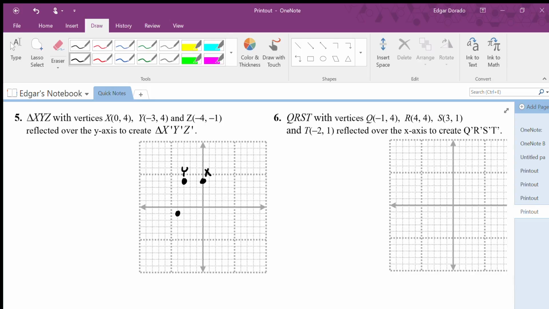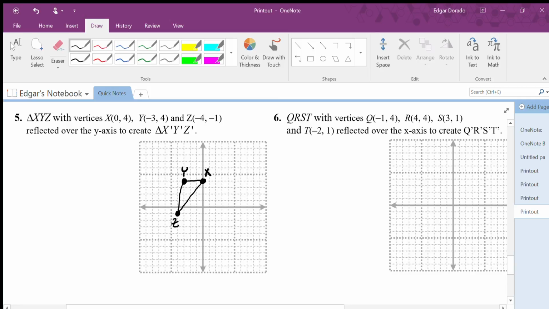Whoops, did I do that right? Yep, that looks good. -4, -1. So I'm going to go ahead and graph this thing. Sorry if my lines look a little bit off, but this is your X, Y, and Z.